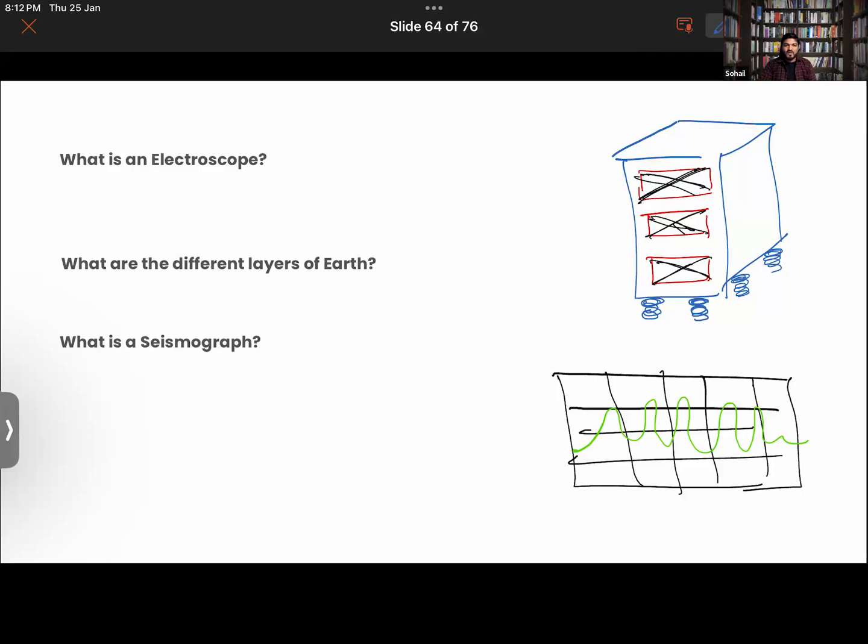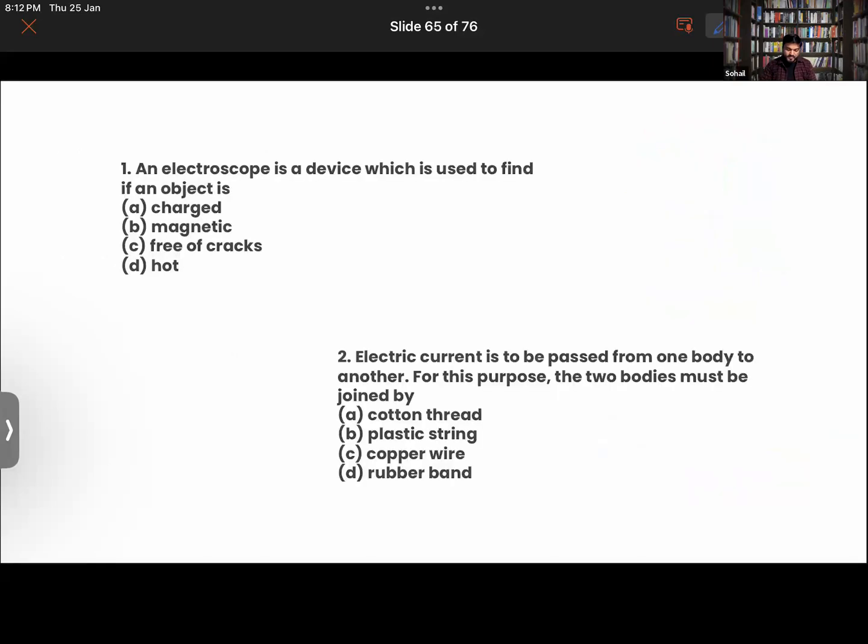So what is a seismograph then? Yes, Moaz, what is a seismograph? Yes, you guys answered these two questions. Meanwhile, Moaz, you answer me. Did you understand about the seismograph or not?